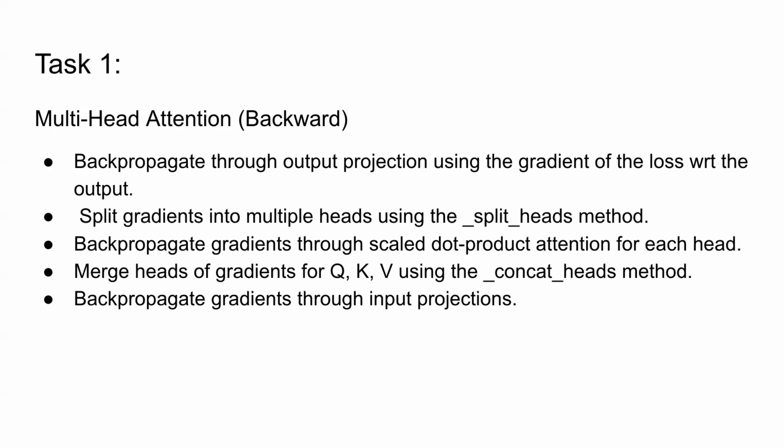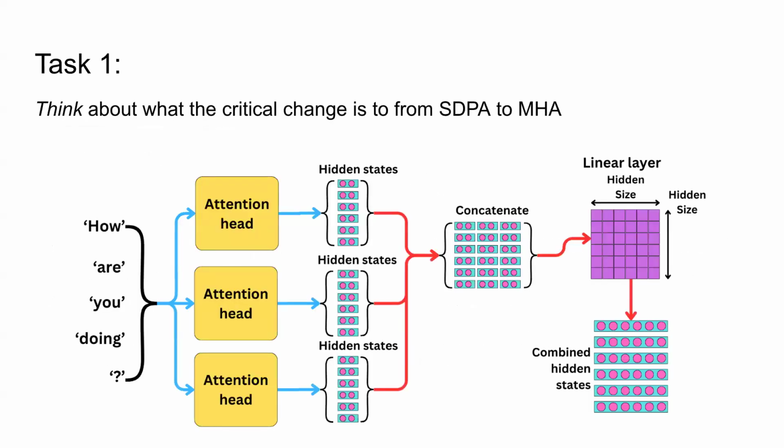The backward is also similar to this. I'll explain the backward using this picture. We'll be given the gradient of loss with respect to the final output. First, you need to backpropagate through the linear layer, and you can just call the backward function on the linear layer.